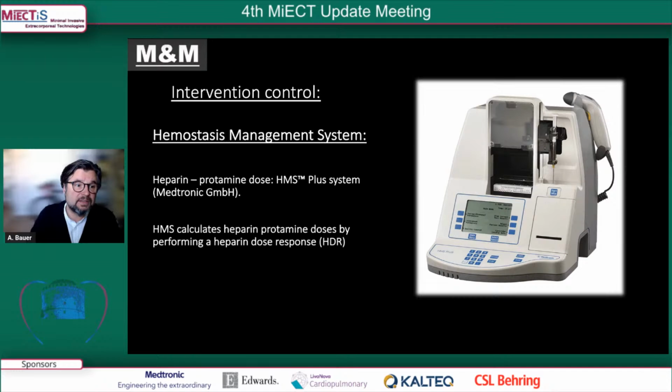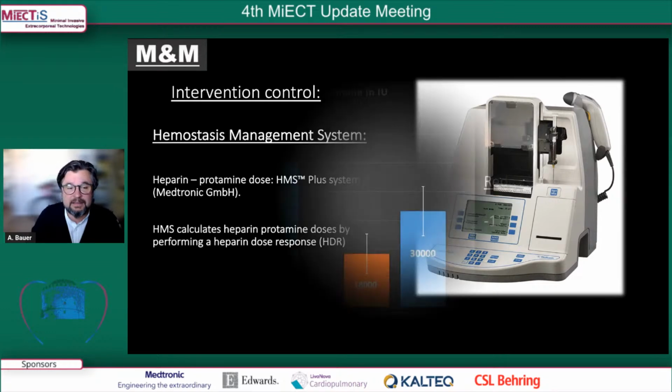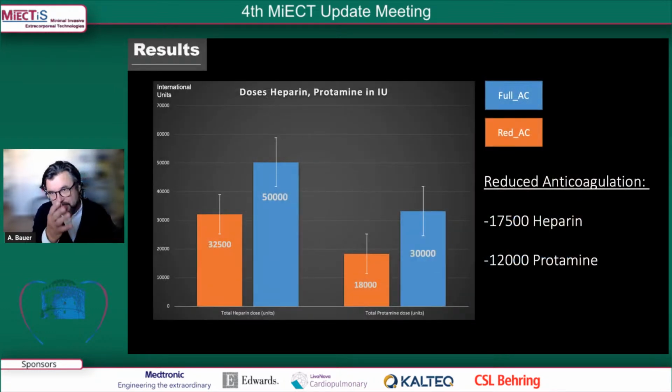Also, we use a heparin management system, a hemostasis management system, which is very important. And I know Mike is here, that we will have a new one coming up in the near future. We can discuss that. It's a very good system to control your anticoagulation, and even to have a good calculation before you start your anticoagulation, and not just give 300 units or something.